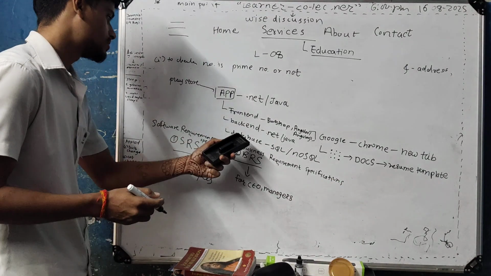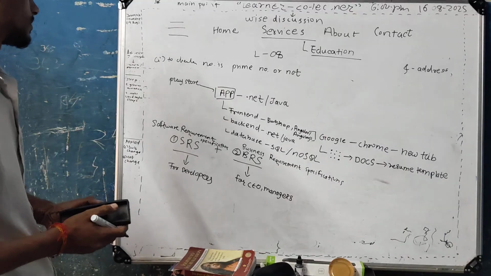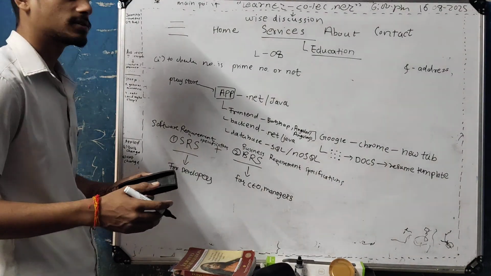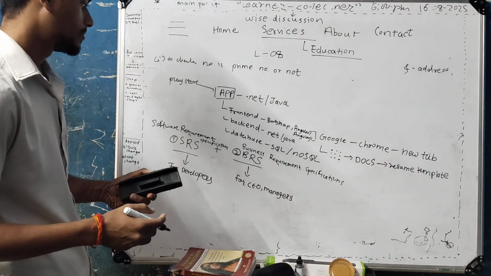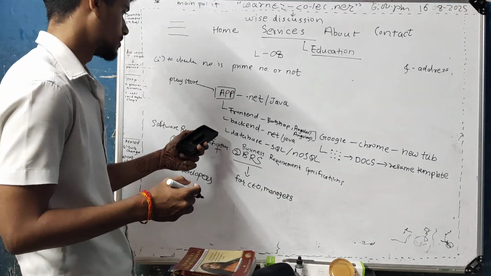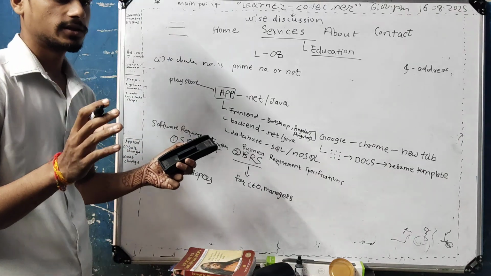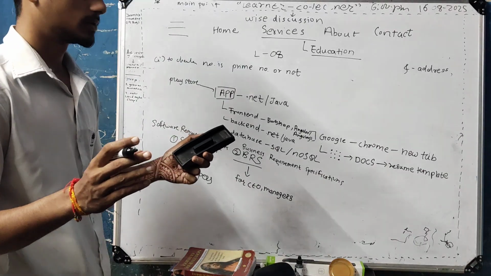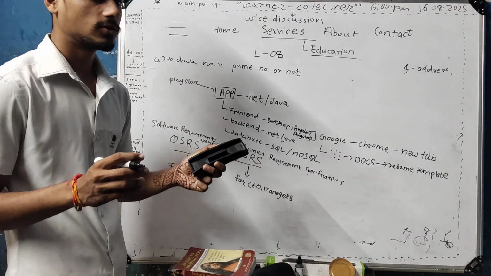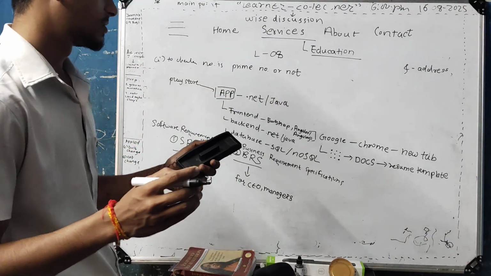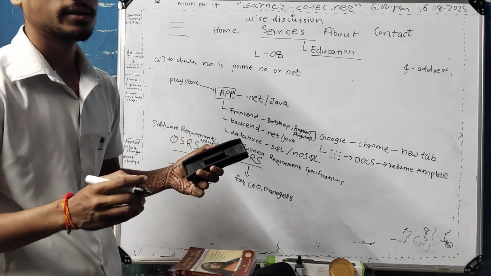Basically, who prepares these two? There is a system analyst who prepares these two things, because a system analyst can also be called a data analyst, as he is doing the task of analyzing.